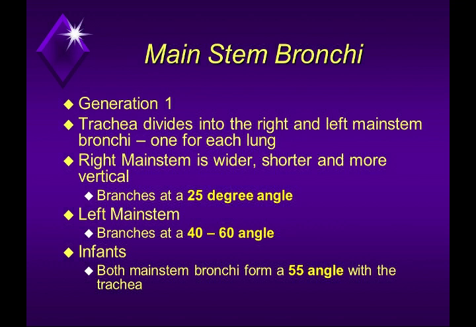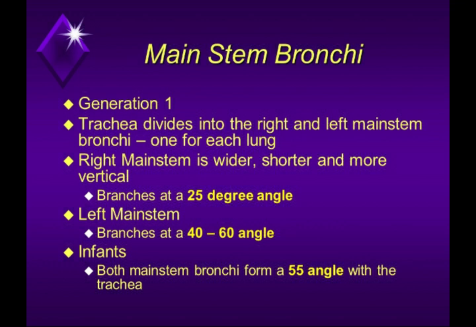Generation 1, mainstem. I now have branched from the trachea into my 2 mainstem bronchi. They're uniquely named, the right mainstem and the left mainstem. Whew, that was easy. Okay, one for each lung. Kind of works that way. The right mainstem is a little bit wider, a little bit shorter, and a little more vertical.